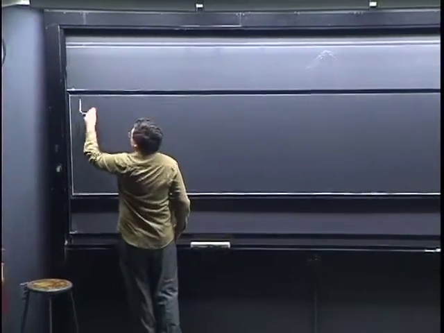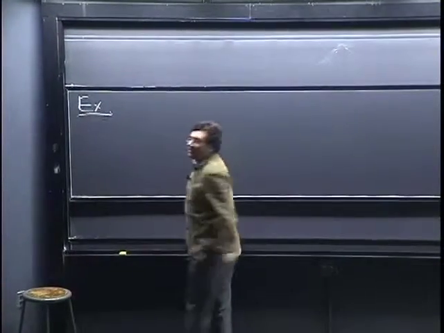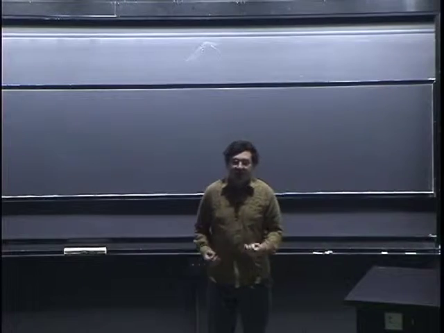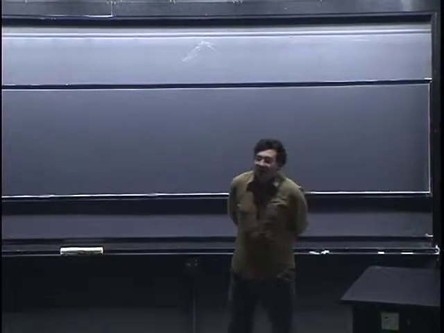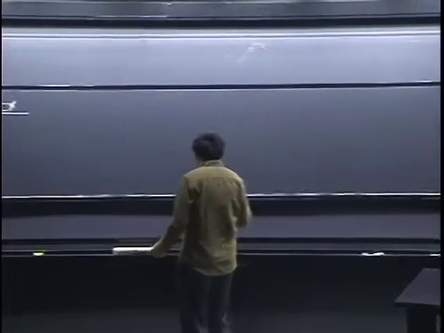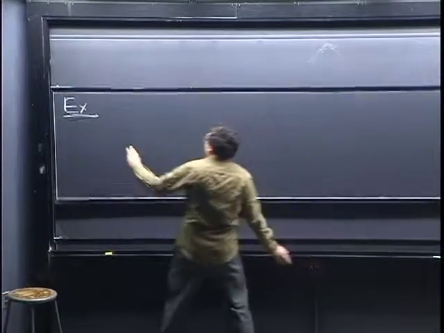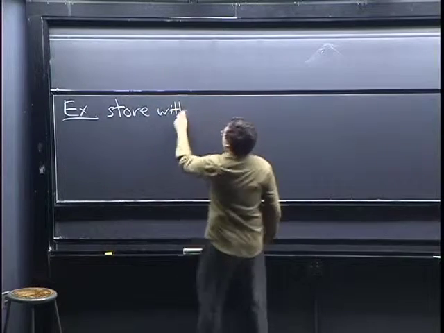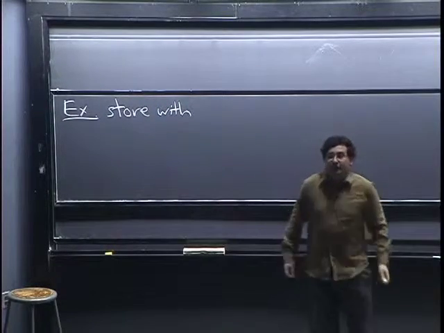All right, so suppose you have a store and different customers show up at your store and spend different amounts of money. This doesn't have to be about a store and customers, but just to have a concrete example, I'll say it that way. That's clearly a very general type of setting that would come up in a lot of cases. So I'll just say store with a random number of customers, but you can make up your own story for it.